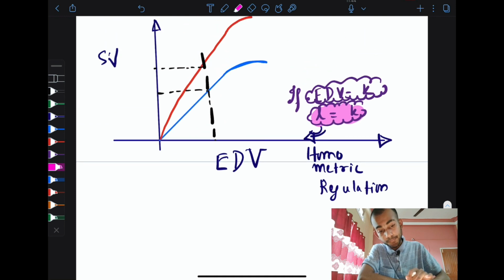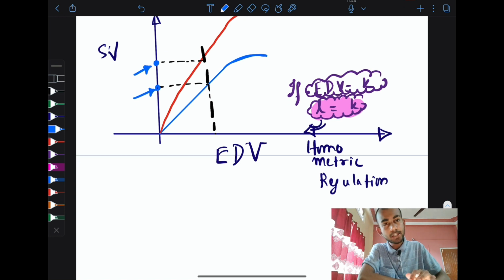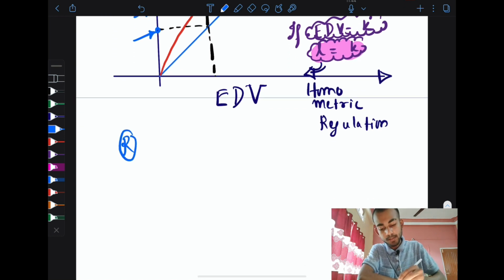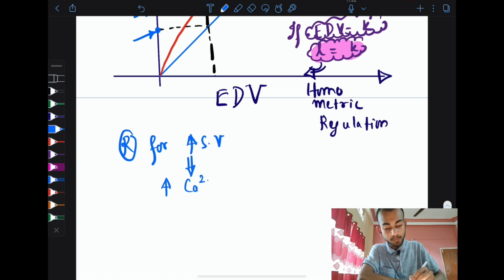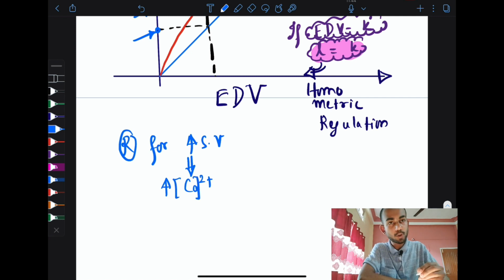Now guys, if the end diastolic volume is constant, how is this increment of the stroke volume achieved? The reason for the increment of stroke volume is increased calcium concentration inside the myocytes, isn't it?